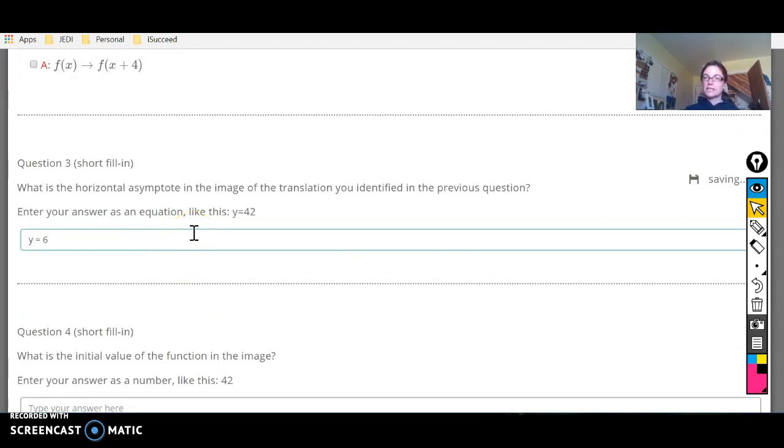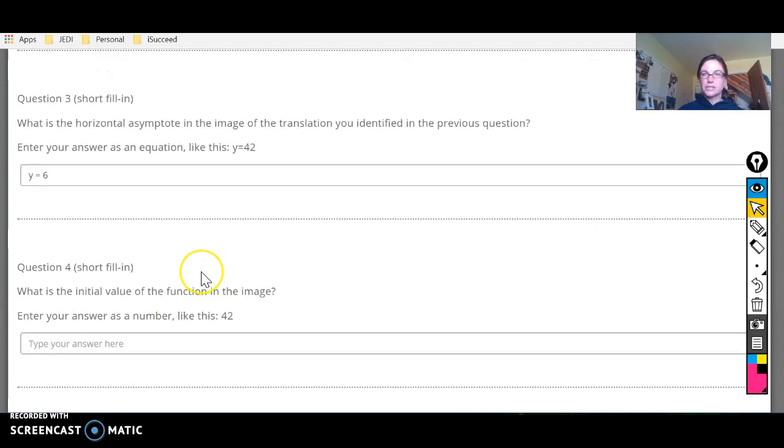Okay, and what that's saying is no matter how big or small x is, our y value will never actually get below or even to y equals 6. It'll get very, very close to y equals 6, but it'll never quite get there. And if you're curious on that, I demonstrated that in the lesson 21 video.